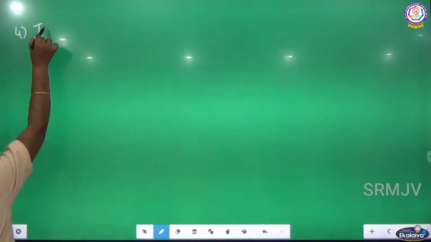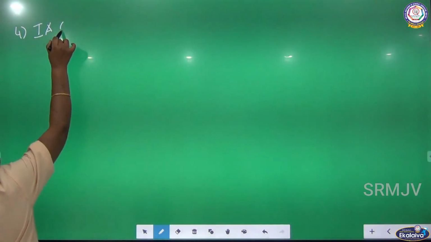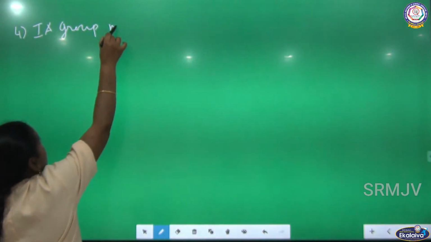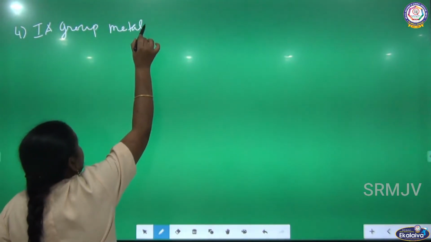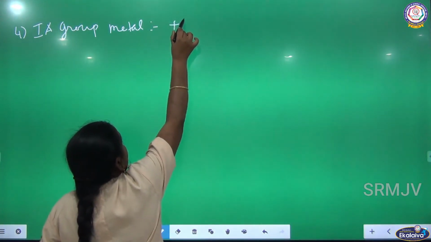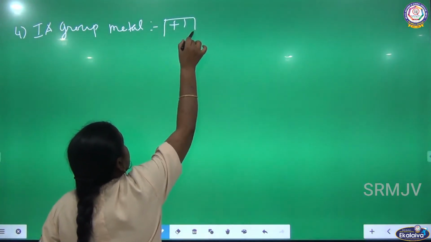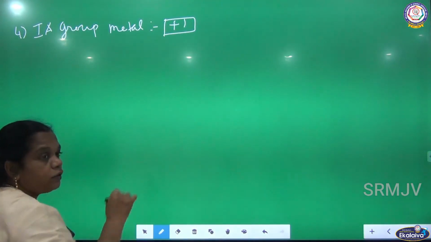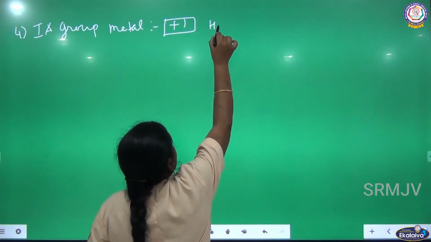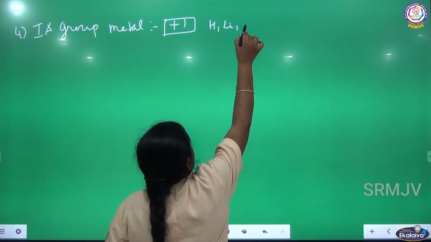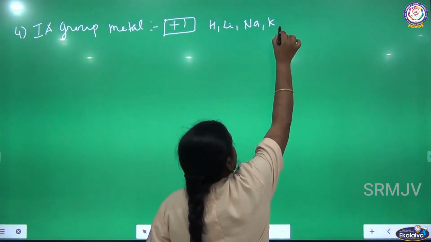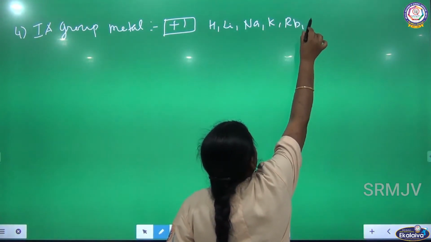And next one, first group, 1A group metals. All 1A group metals have +1 oxidation. So the first group metals are hydrogen, lithium, sodium, potassium, rubidium, cesium.